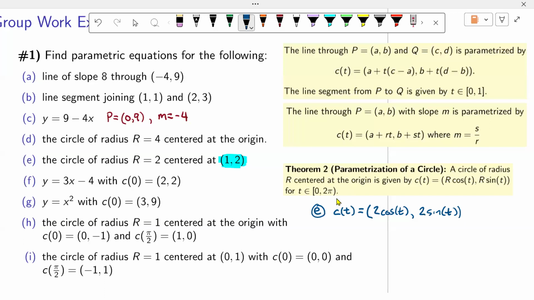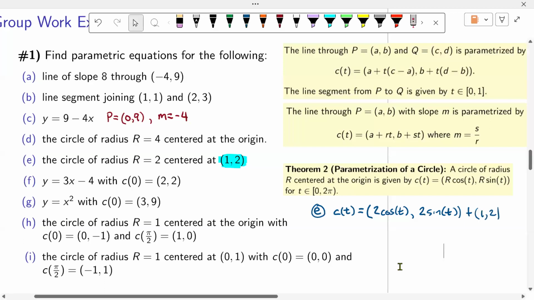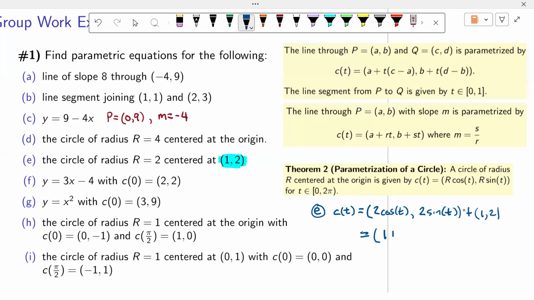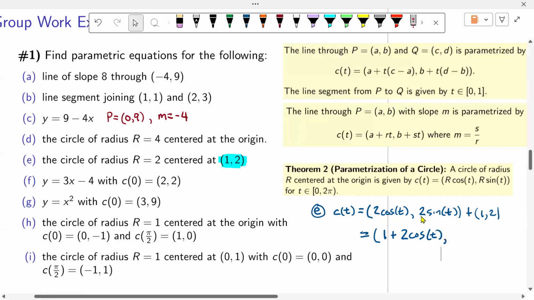You're like, oh, I need to shift 0, 0 to the point 1, 2. I'll just add 1, 2 to it. And when you do that and you add these, you'll do this term plus that, so you'll get 1 plus 2 cosine t, and then 2 plus 2 sine t.